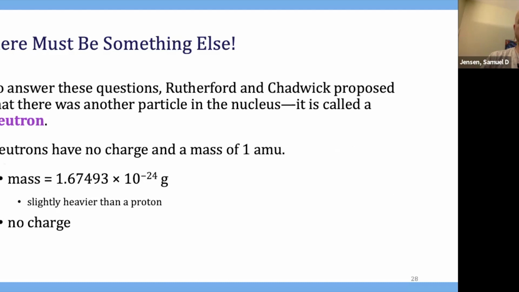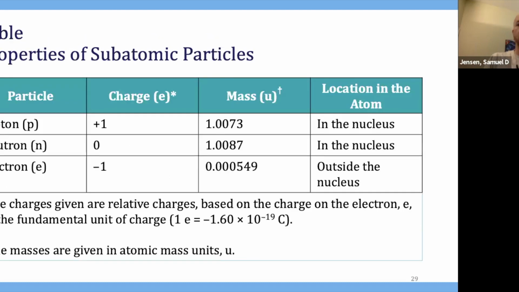Because we already know the charge of the electron, we already know the charge of the proton, and we already know they're relatively the same charge. So we get all the components of the atom: proton, positively charged; neutron, neutral; and the electron, -1.